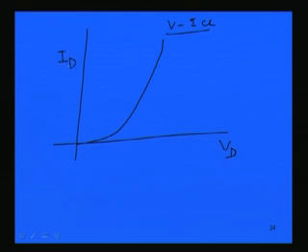Now, as you can see that this is a non-linear characteristic. So, in order to find out the resistance, you have to do it at a particular point where you are operating the diode.